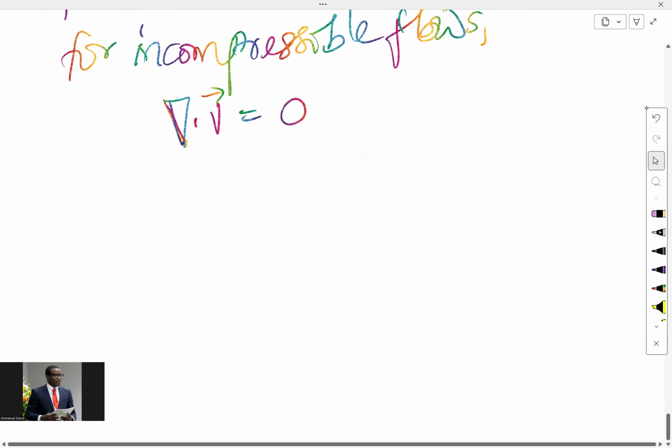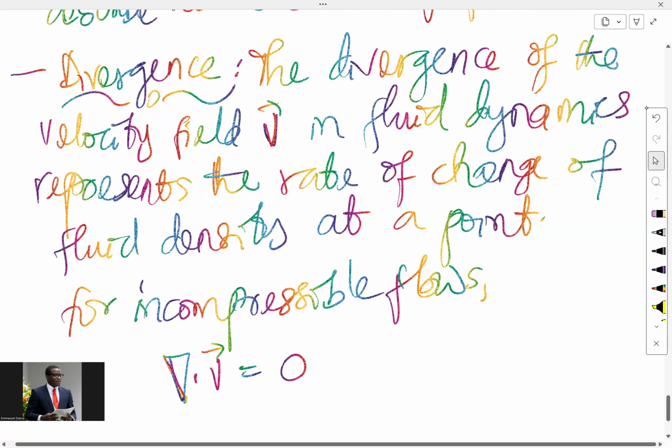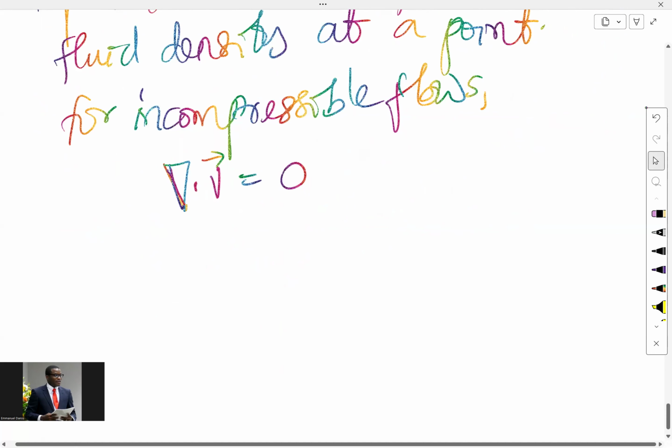Here there's no gradient, so we have just divergence and curl.